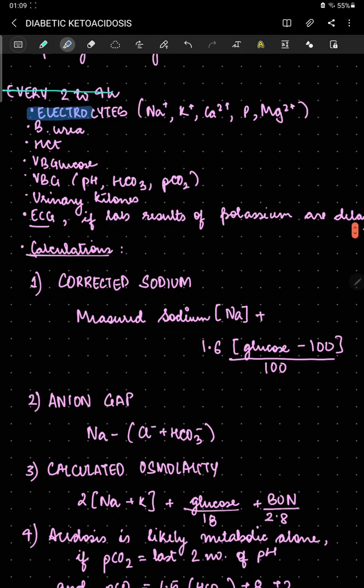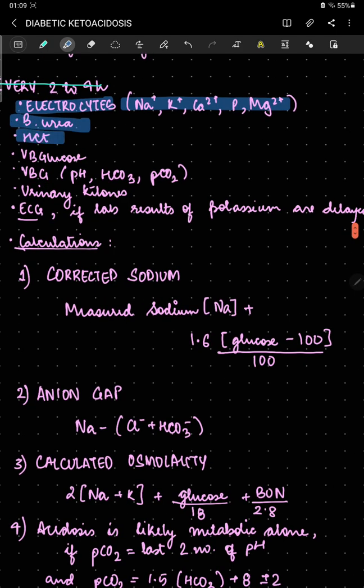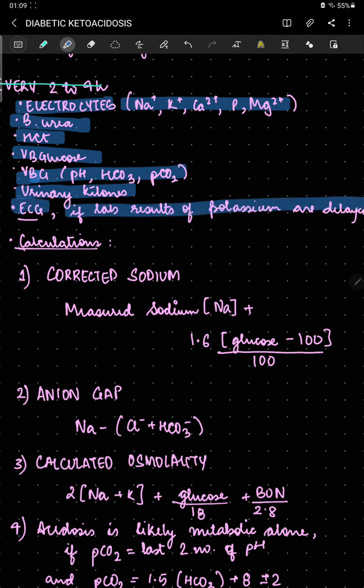So these are electrolytes including sodium, potassium, calcium, phosphate and magnesium, blood urea levels, hematocrit, venous blood glucose, VBG to look for pH, bicarb and PCO2, urinary ketones, and ECG. If the lab results of potassium are delayed, then you can do the ECG.